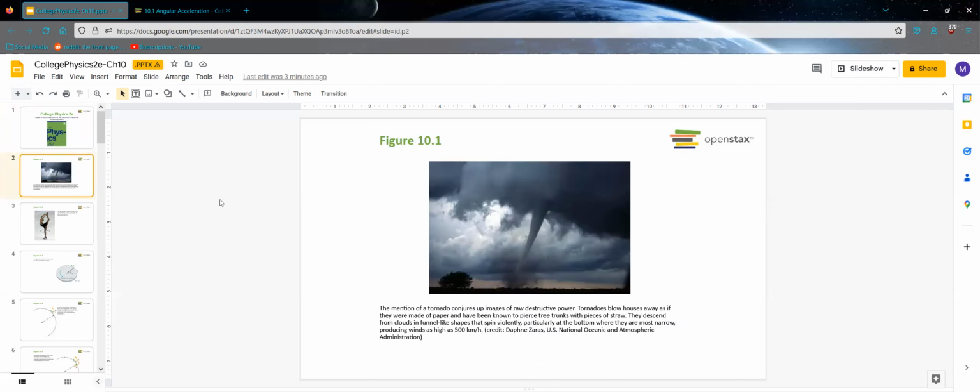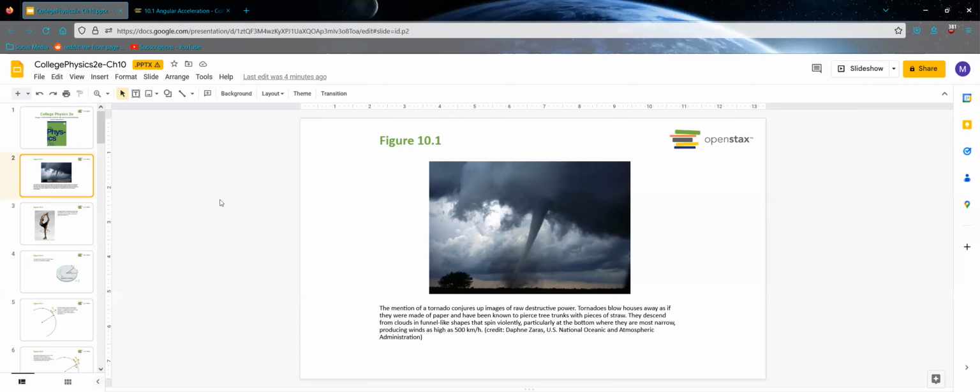Rotational motion is all around us. The classic example here of the tornado shows the power that comes from rotation. Even though a tornado uses a relatively small area to whip up its winds, they become very violent very fast, right? You have winds going up to 500 kilometers per hour. That's faster than, say, a hurricane.